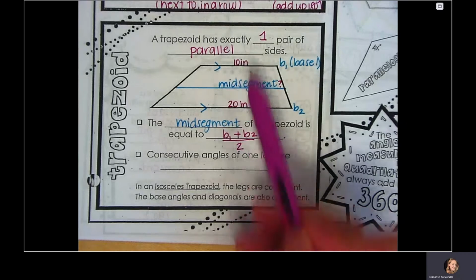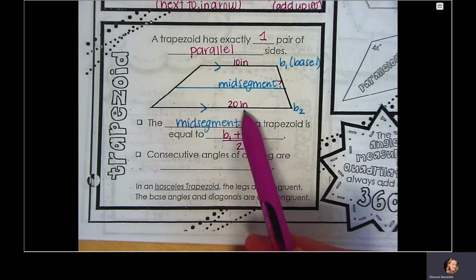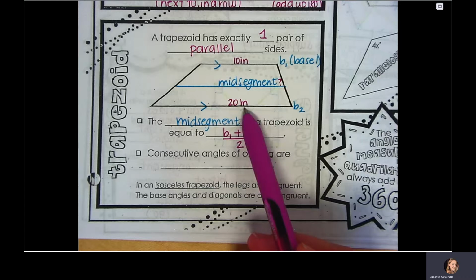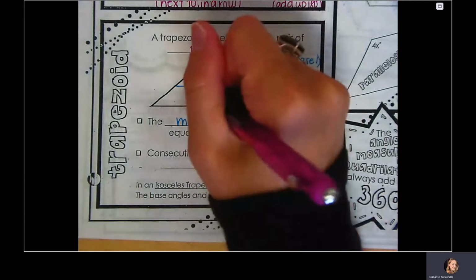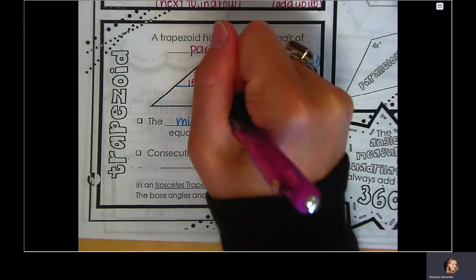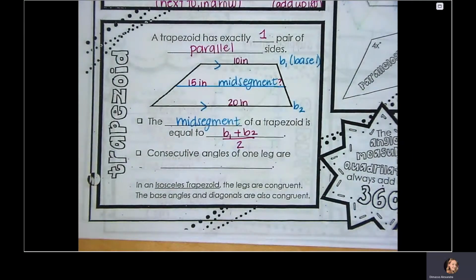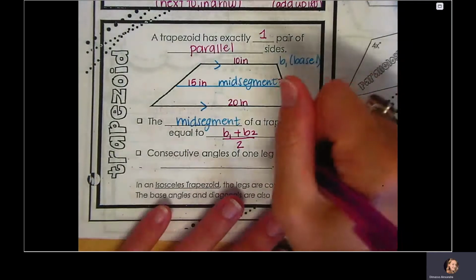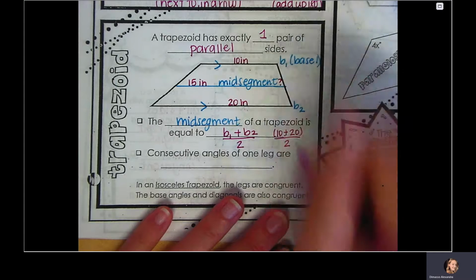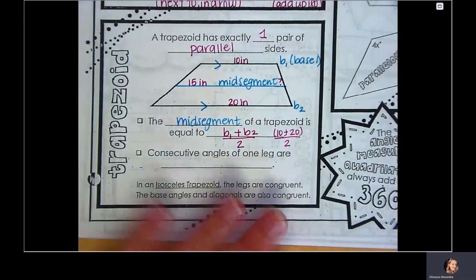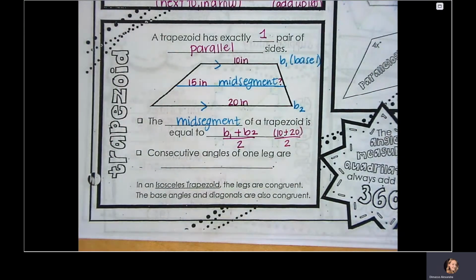So what's 10 plus 20? 30. And then what's 30 divided by 2? 15. So your mid-segment would be 15 inches. That's it. So we did 10 plus 20 divided by 2, and that's how we got our mid-segment of 15. Super simple. It's just finding the average.